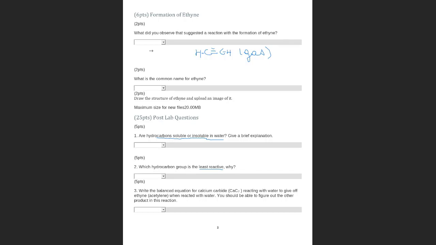And then they ask you for the balanced equation of the reaction that you are performing.